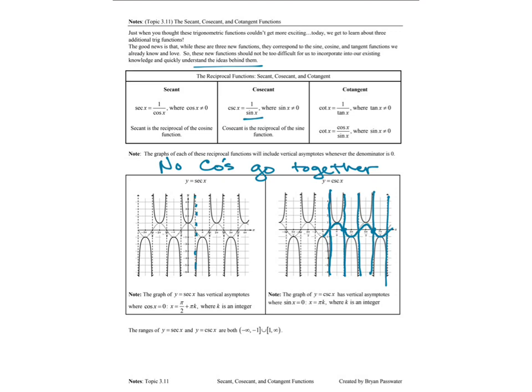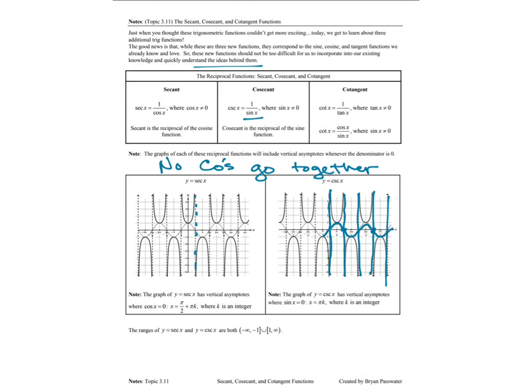Secant goes with cosine. Cotangent goes with tangent. Does that make sense? No cos. Because it feels like if I was going to pair them up, I would say cosecant and cosine. But no cos go together. I don't know, just no cos go together.